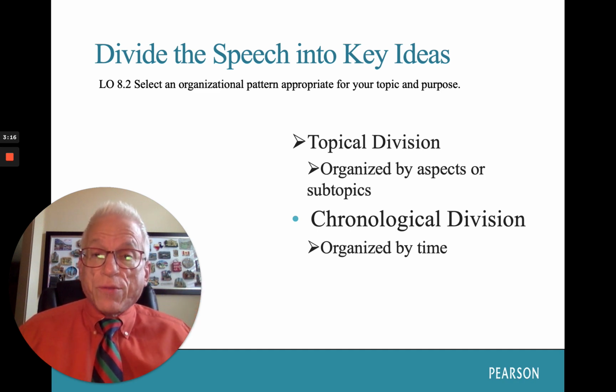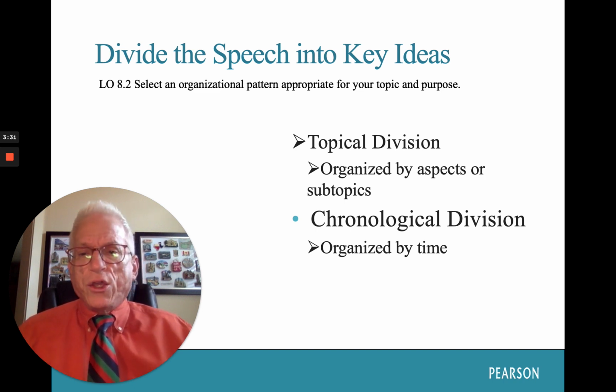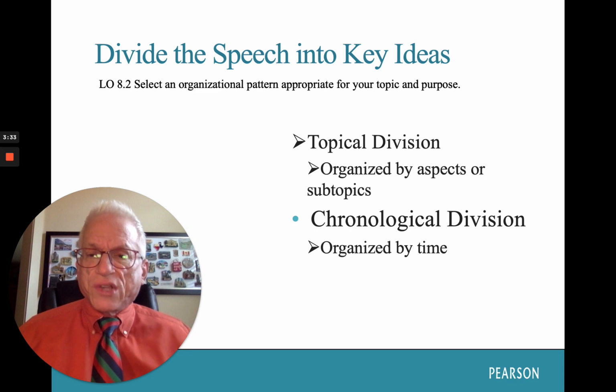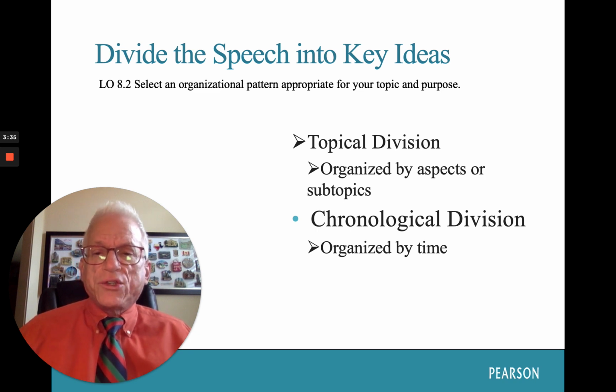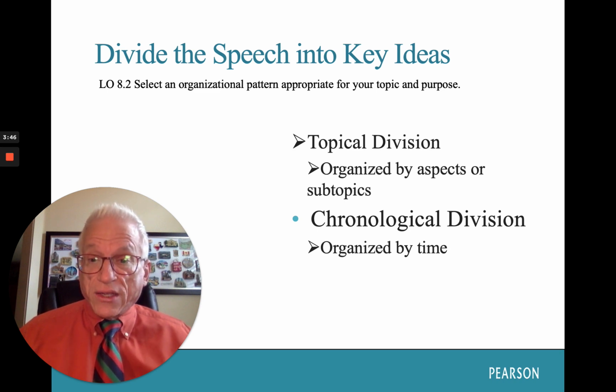So for example, the most likely pattern you will use will be a topical division. This is organized by aspects or subtopics. So if I wanted to talk about different types of coffee, I would organize my speech into medium roast, dark roast, light roast. Or if I wanted to talk about the different types of diabetes, I might start with type 1 diabetes, type 2 diabetes, then gestational diabetes.